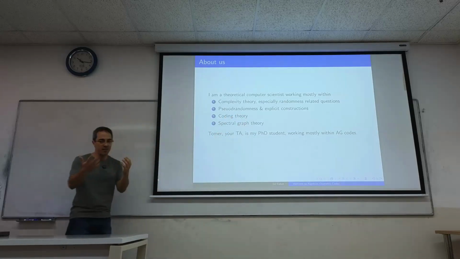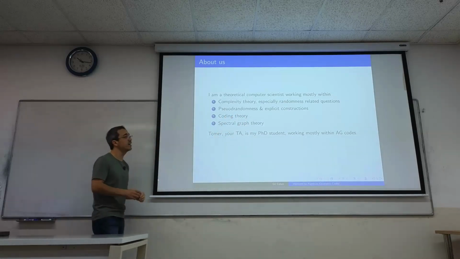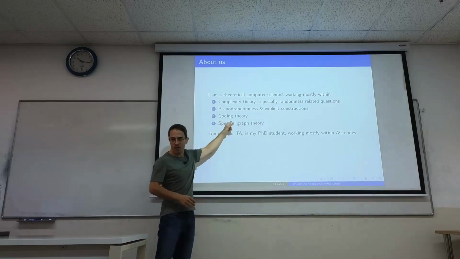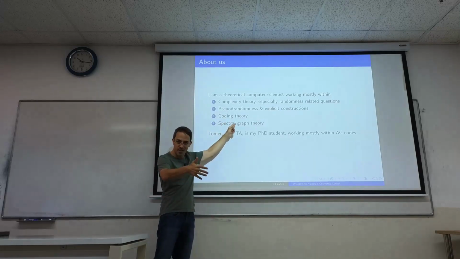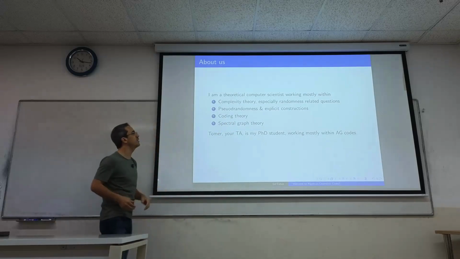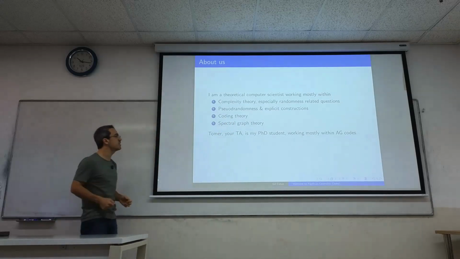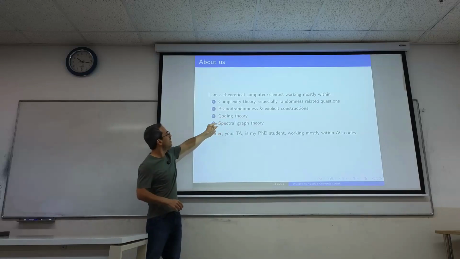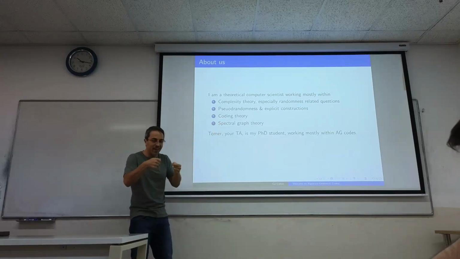You want to construct graphs that have certain properties or functions like codes and so forth. And you can't help but doing some coding theory. So I'm not a coding theorist per se, but you can't avoid doing some coding theory or using some coding theory, and that's where I learned about AG codes, of course. Now, I don't personally care about the codes that you get from the algebraic geometry techniques.